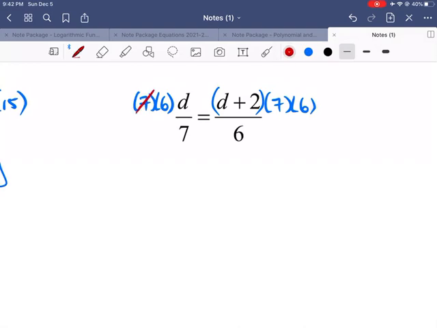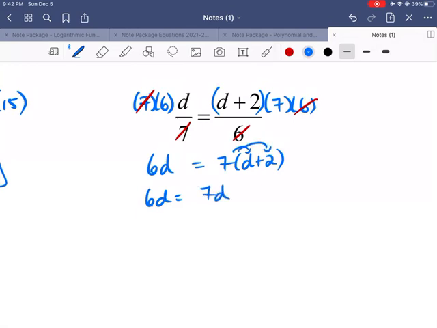On the left side, the 7's simplify to 1, so you're going to be left with 6 multiplied by d, which is 6d. On the right side, the 6 simplifies to 1, so you're going to be left with 7 multiplied by d plus 2. Using the distributive property, 7 multiplied by d is 7d, and 7 multiplied by 2 is positive 14.